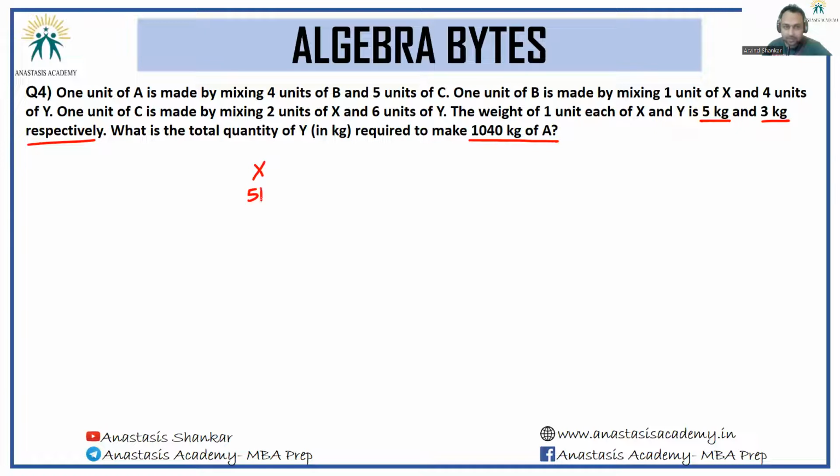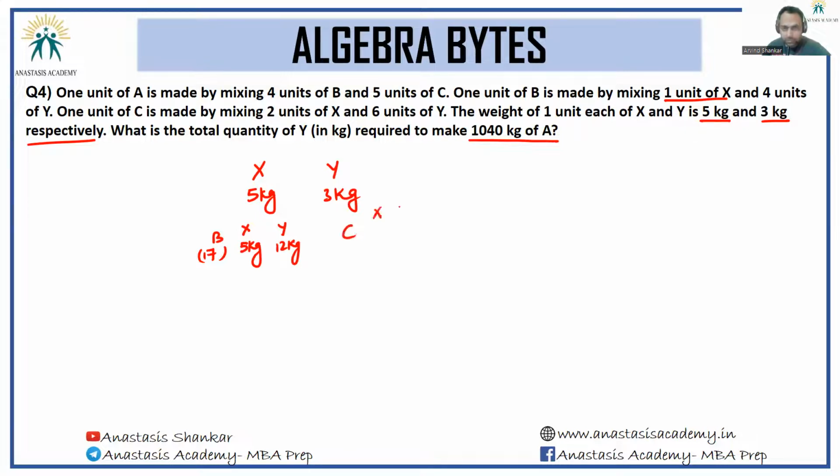X weighs 5 kg and Y weighs 3 kg. So when I'm trying to make B, B is made with 1 unit of X and 4 units of Y. So X will weigh 5 kg here and Y will weigh 12 kg here, or altogether out of 17 kg of B, X and Y will get split this way.